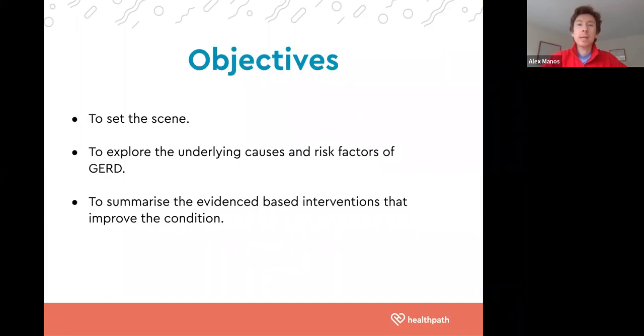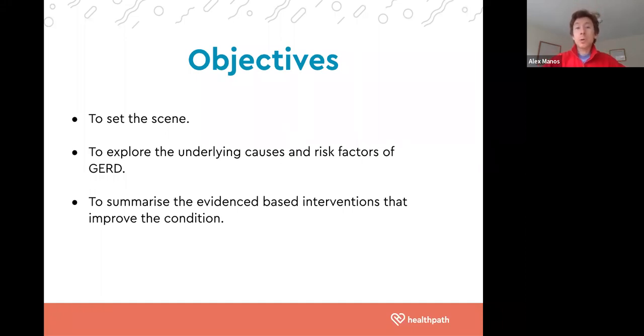And really the objectives of today are just to set the scene. There are a few terms that I want to define. I've got a couple of stats that I'm going to share with you around things like the prevalence of GERD to give us context about how common this is. It's often just a component of other digestive symptoms and conditions.